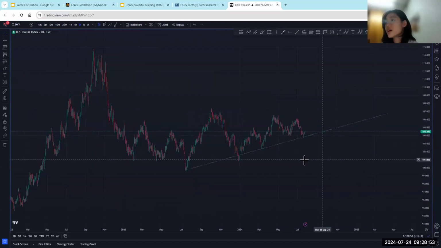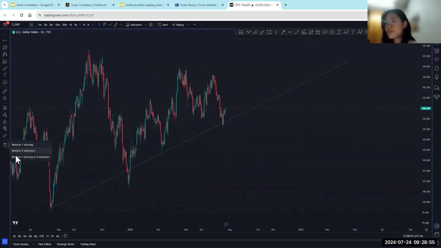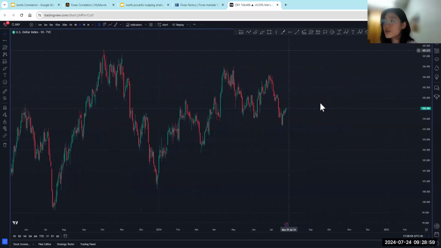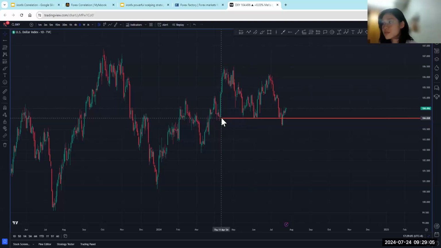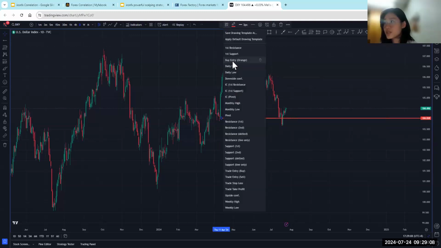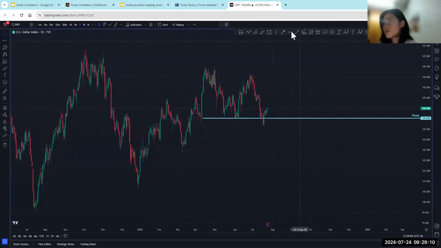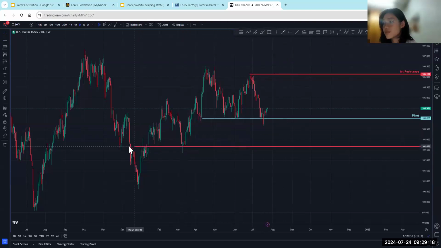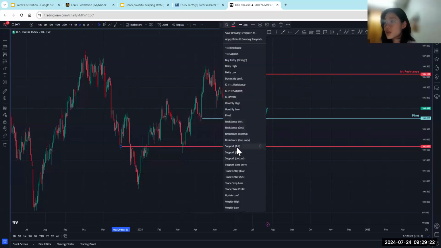Next step is to go in with our horizontal levels. I'm going to place my pivot here first, and my first resistance up here. My first support just down here.